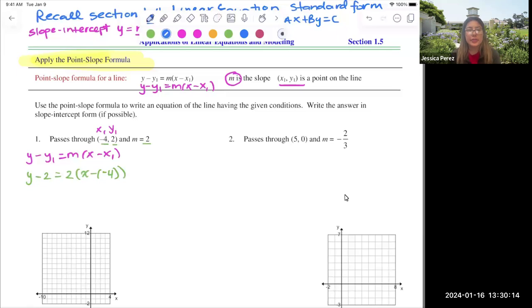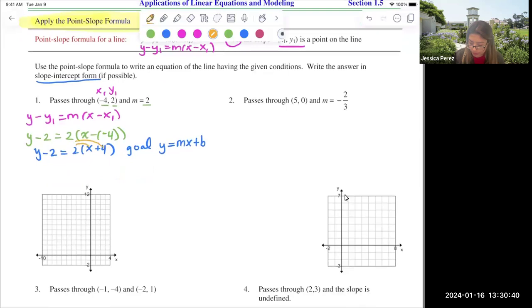Once we substitute, this is going to become y minus 2 equals 2 times x plus 4. Now that this is written in point slope form, our goal is to write it as y equals mx plus b, the slope intercept form, because that's the instructions. In order to do that, I'm going to distribute the 2.